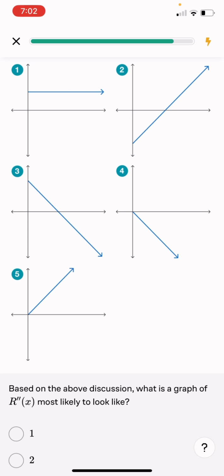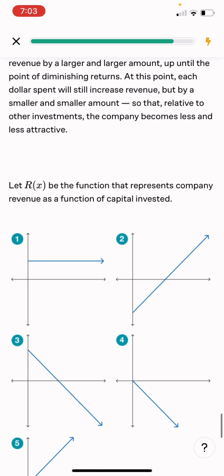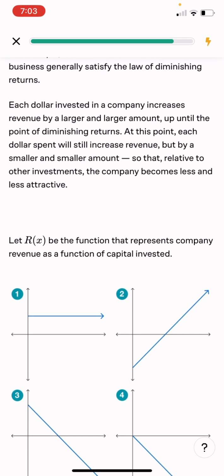What is a graph of that? I feel like it would be decreasing most likely, so it would either be 3 or 4. Let me see if there's any hints. No. I think it would be 4. 3.